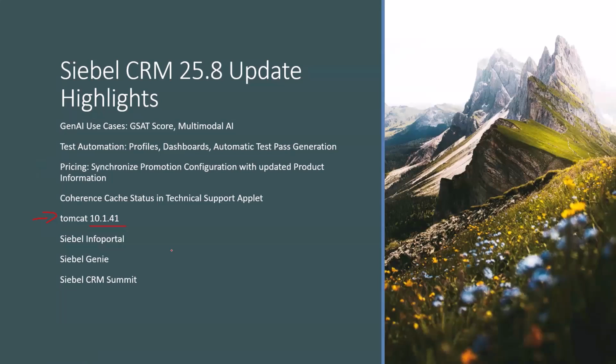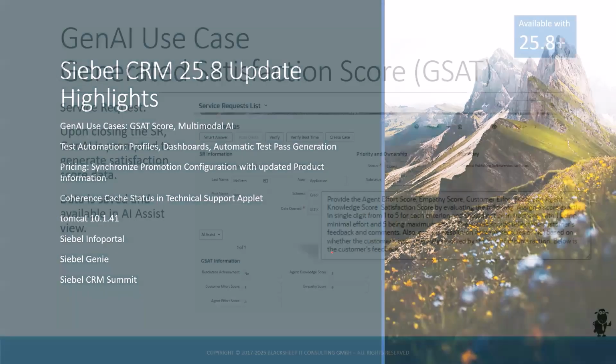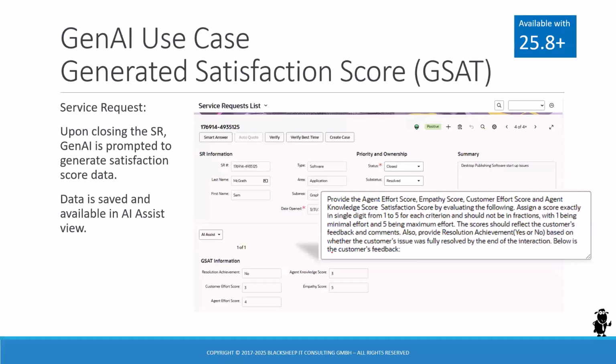Besides the Siebel technical updates, there's a lot going on around Siebel and communication from Oracle. We're going to summarize what happened during summer when you were sipping margaritas on the beach. This is all about the info portal, the Siebel Genie, and the upcoming Siebel CRM Summit. So quite a lot to talk about, really.